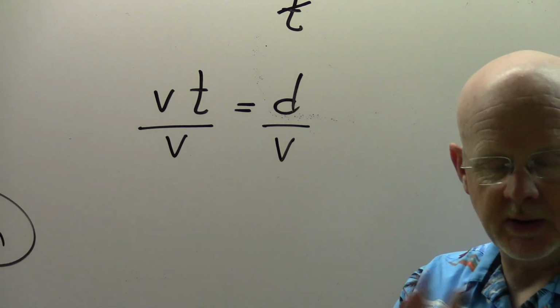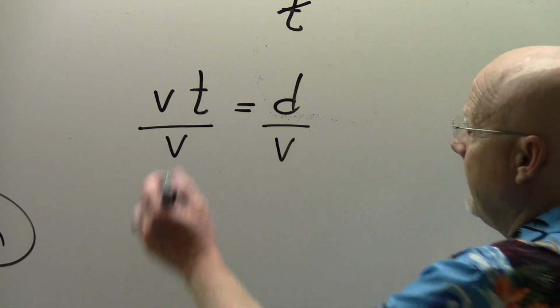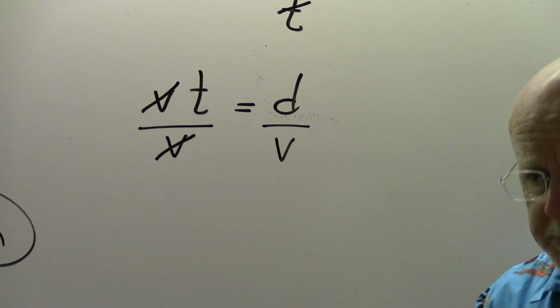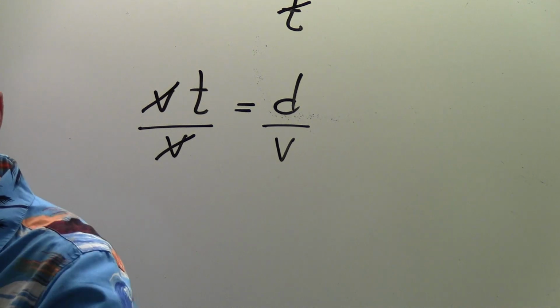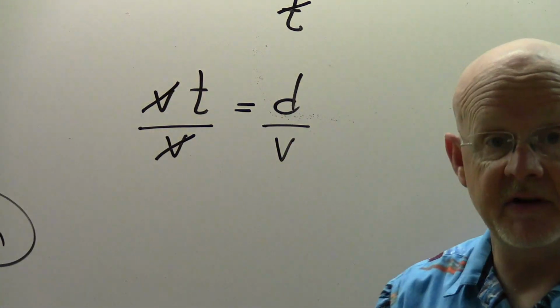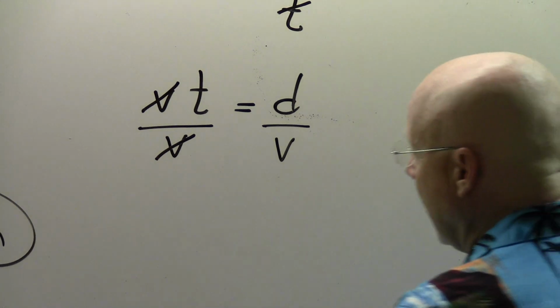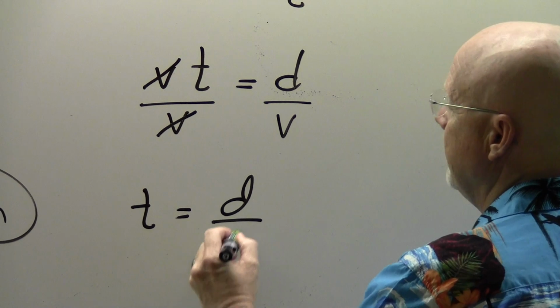There's a little difference between them. I haven't mentioned that quite yet. But here, I have velocity canceling with velocity. So again, just like we said back over here, t divided by t is 1, I would say v divided by v is 1, and we'll just say it cancels, it goes away. And so you end up with a formula that time equals distance divided by velocity.